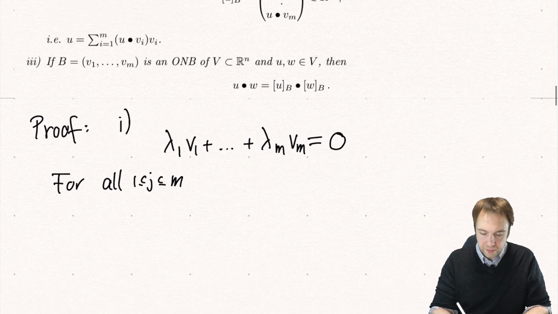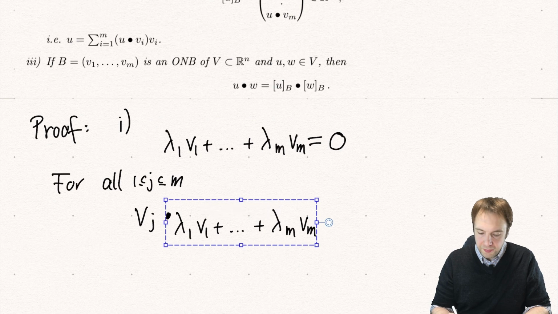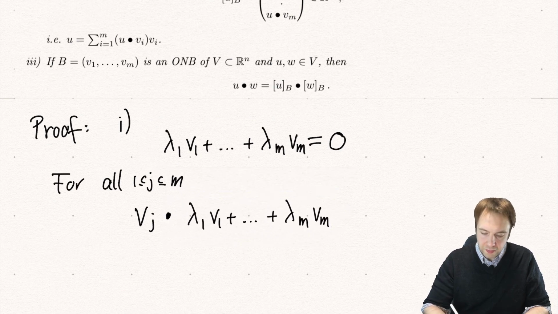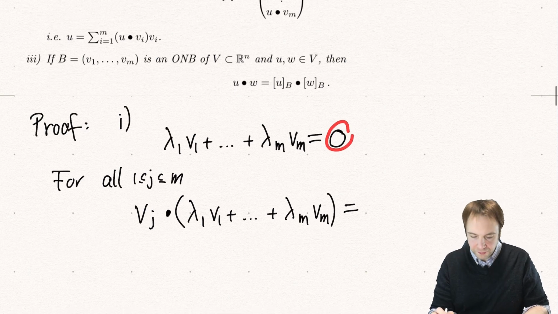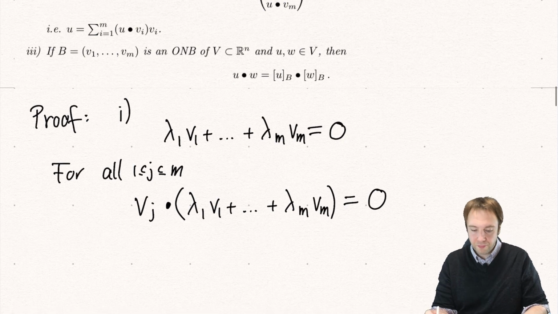So we take the dot product of vj with this thing here, and also take the dot product on the right-hand side. On the right-hand side, this is just the 0 vector, and the dot product of the 0 vector with something is just 0.